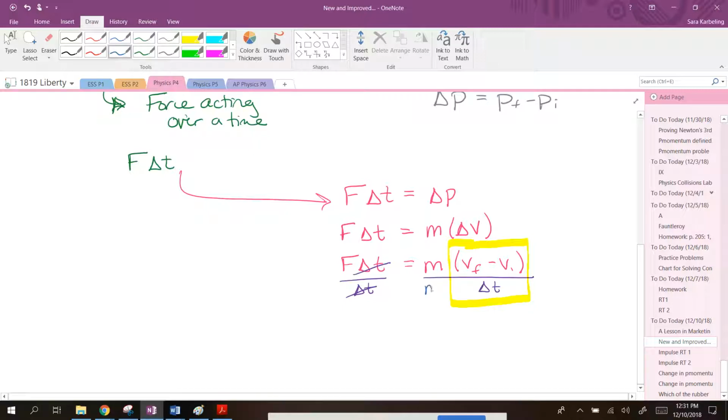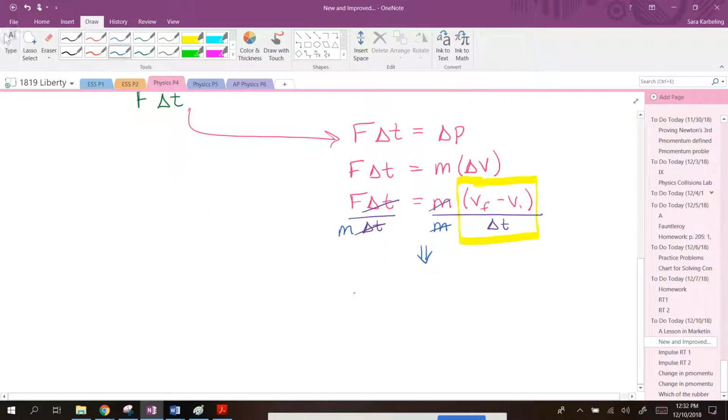Just for kicks, I'm going to get rid of my m on this side. If I divide by m on the right-hand side, what do I have to do on the left-hand side? Same thing. So let's do it. I'm going to divide by m over here. Then I'm just going to rewrite it because lots of crossing out gets really confusing. But hey, look at this. F over m is equal to v final minus v initial over t. I'm going to put that in a yellow box again. You just told me that this was acceleration.